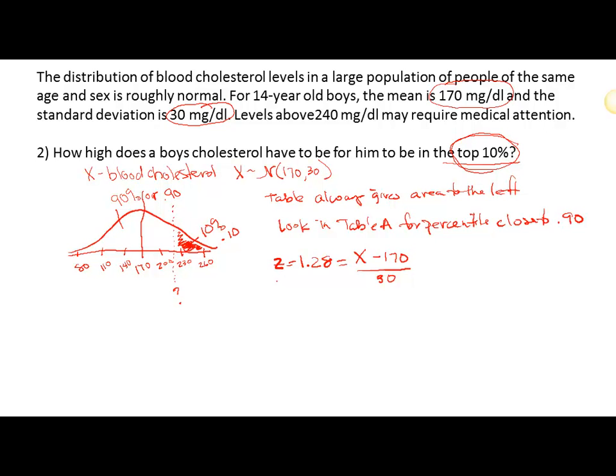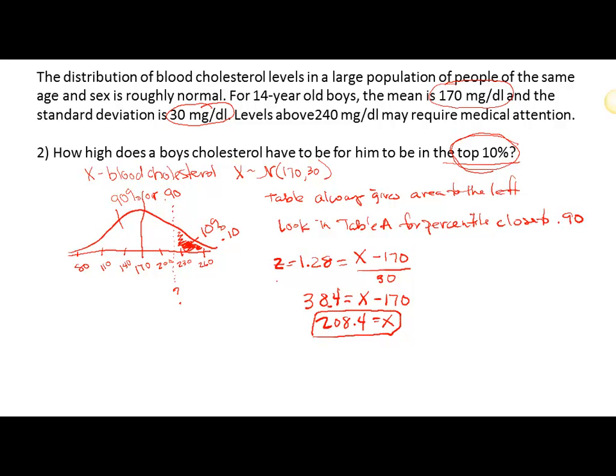When I do that, I get 38.4. That's equal to X minus 170. Now I'm going to add 170 to both sides, and I get 208.4 is equal to X.